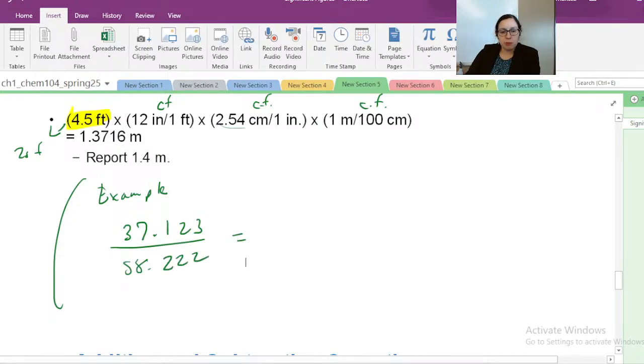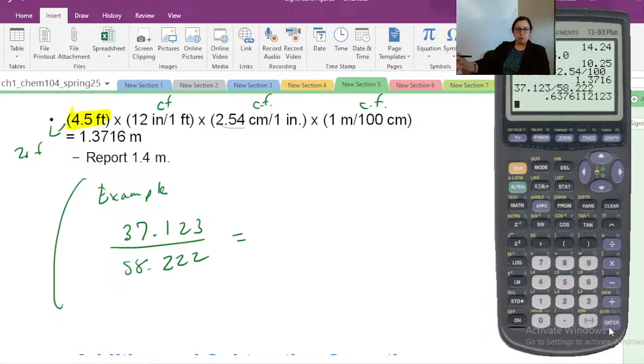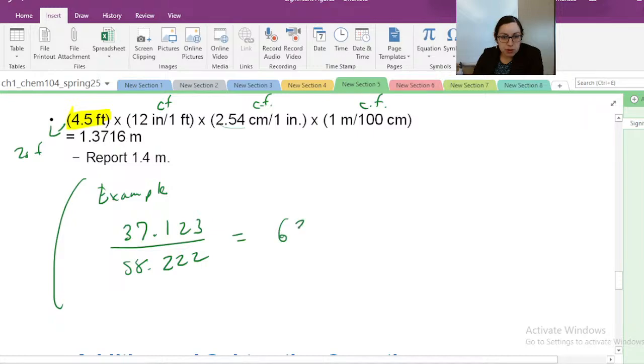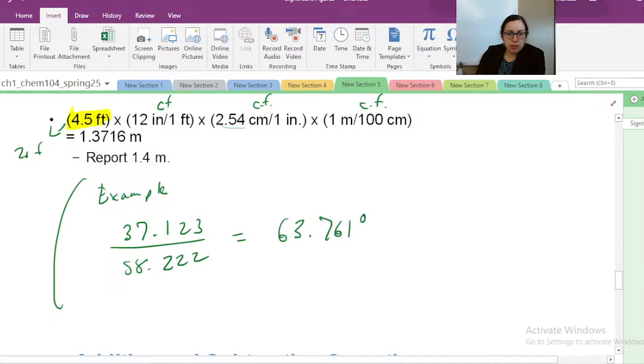When you do your percentage, obviously I'm just making up some numbers real fast, but my point is when you're doing your lab calculations, you want to give yourself all 5 sig figs. So we have 5, 5, and then our answer would be 63.761%. Don't just chop off stuff arbitrarily. You have all 5 digits, so you can report it to 5 digits.